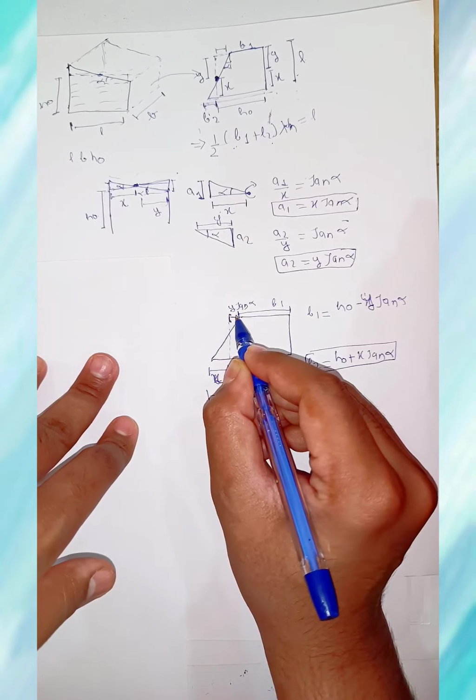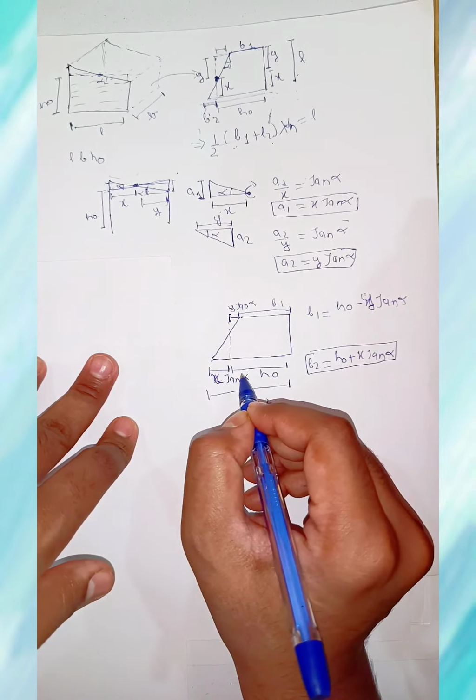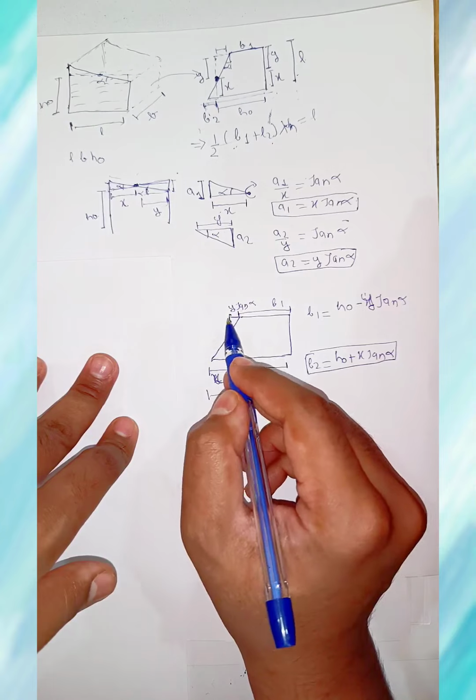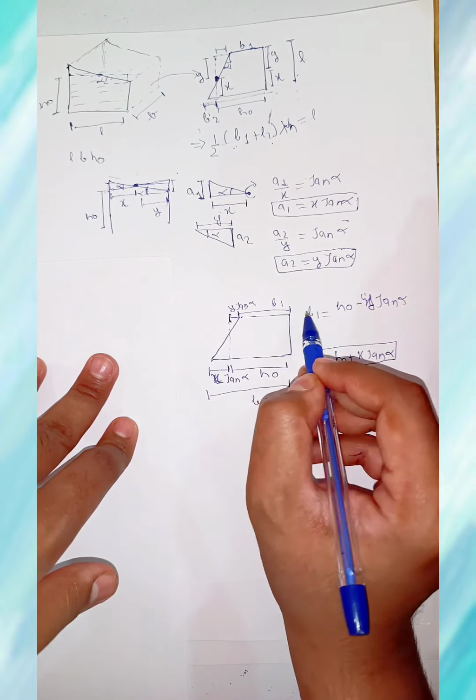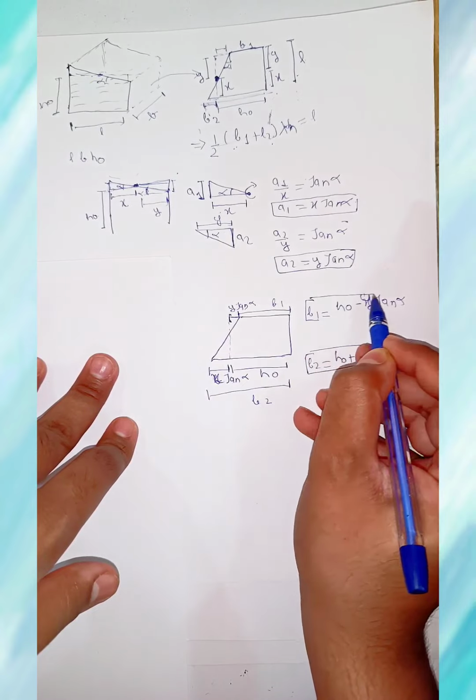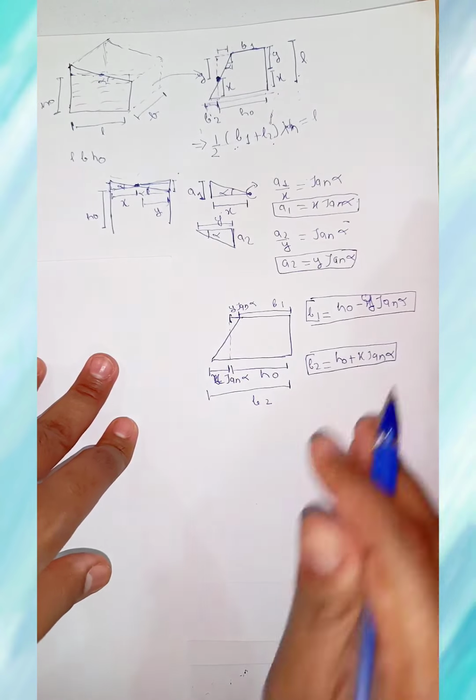Since this small section is y tan alpha, I've subtracted y tan alpha from h naught. So this base 1 will be established like this. So now it is done.